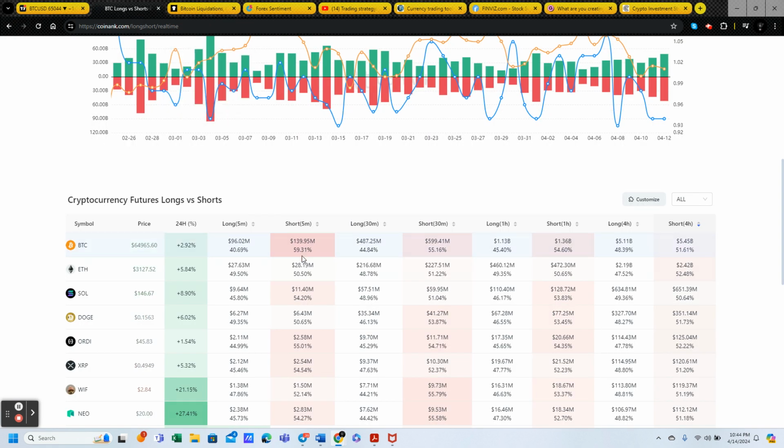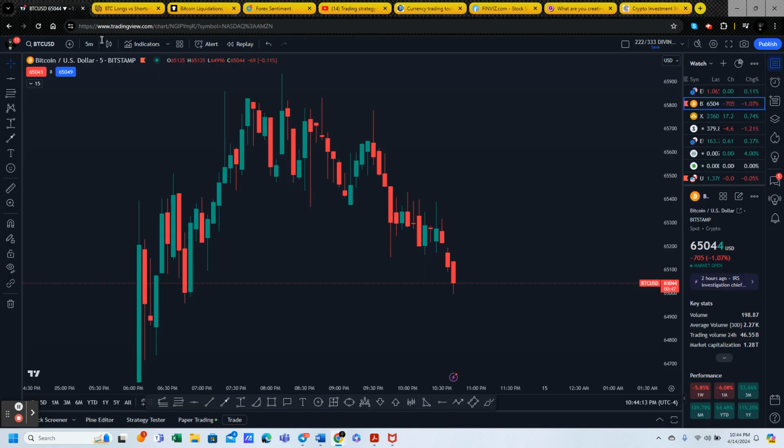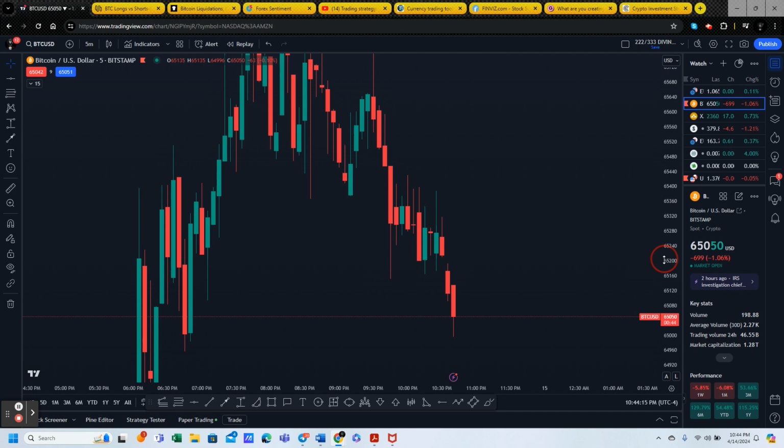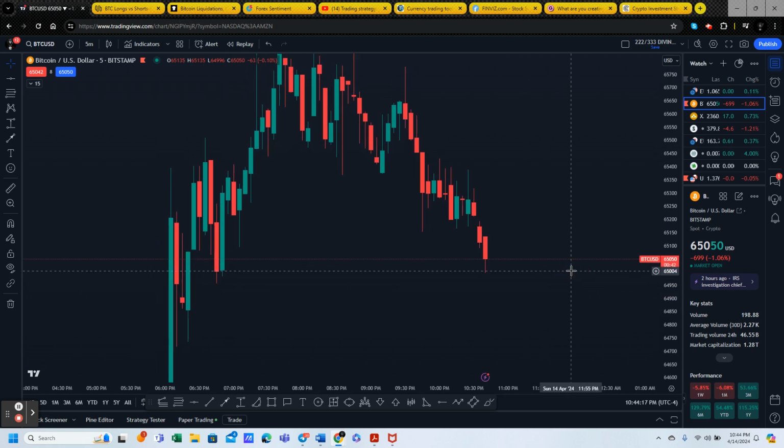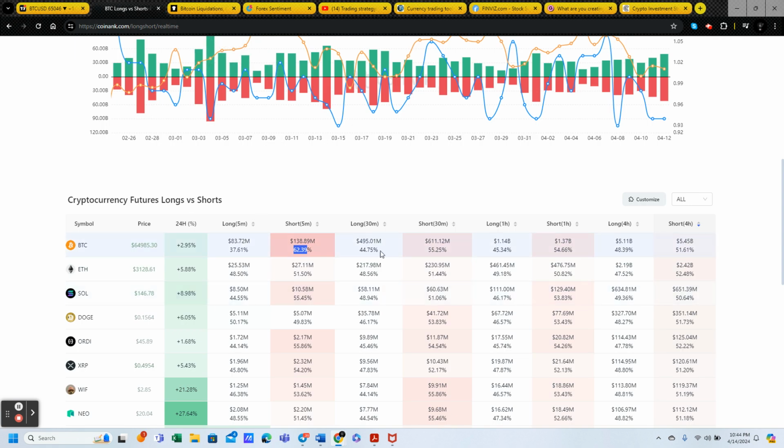So let's see how it's changing for the shorts because this was over 60. So you see how it's 62%. So now let's see if it's going back down or whatnot. But it's pretty good to see this in real time, to be honest.